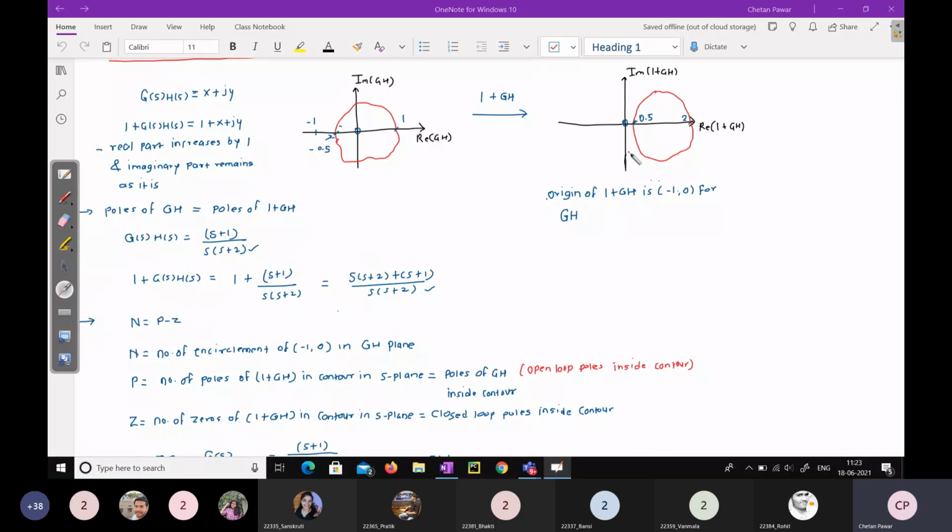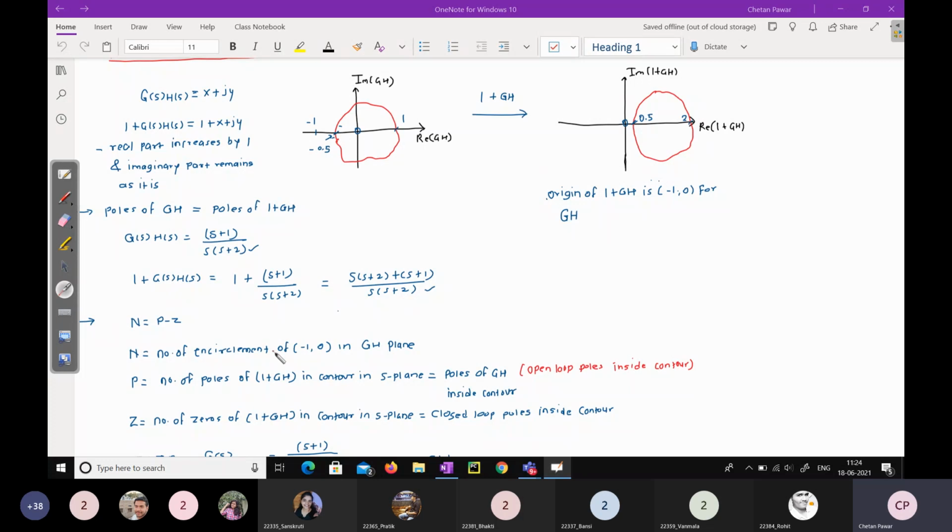Just now we have seen that the origin of this 1 plus GH plane is the minus 1, 0 point in the GH plane. So by using this contour, I need to determine the stability of the closed loop system. That is why I am choosing the encirclement about the minus 1, 0 point in the GH plane, because that is the origin of 1 plus GH, right?